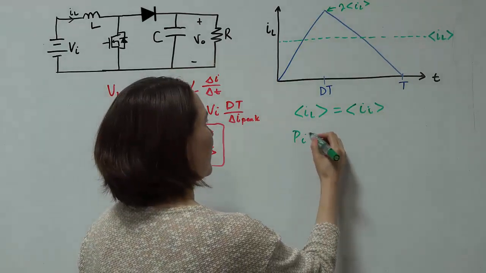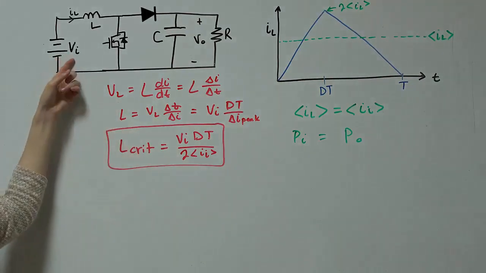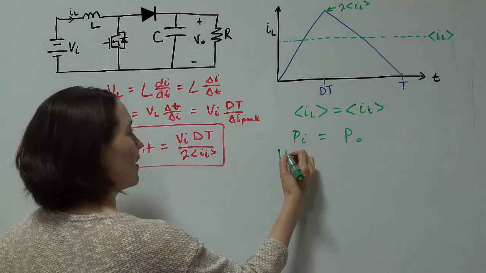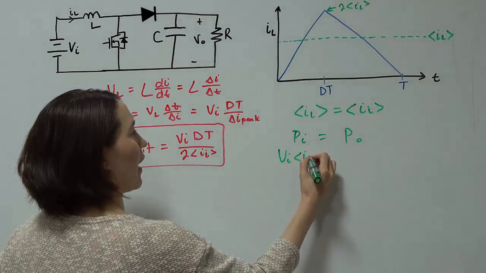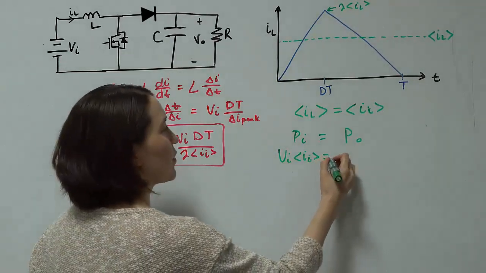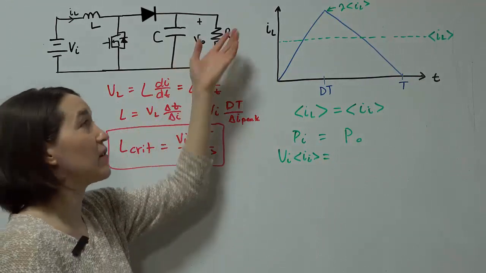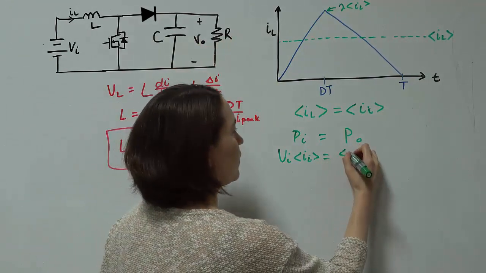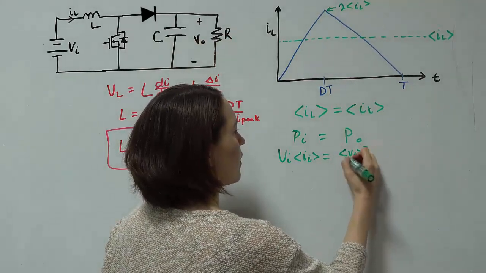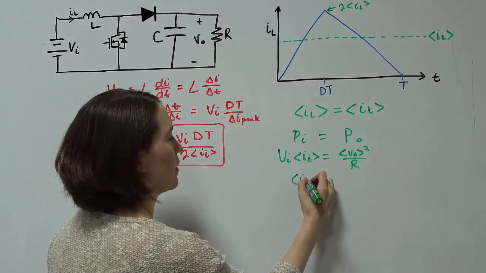So P in equals P out, and our P in is voltage times current, so V in times the average input current, and that's equal to the output power. Since our resistor is our load, we know the output power is V squared over R, so V out squared over R.